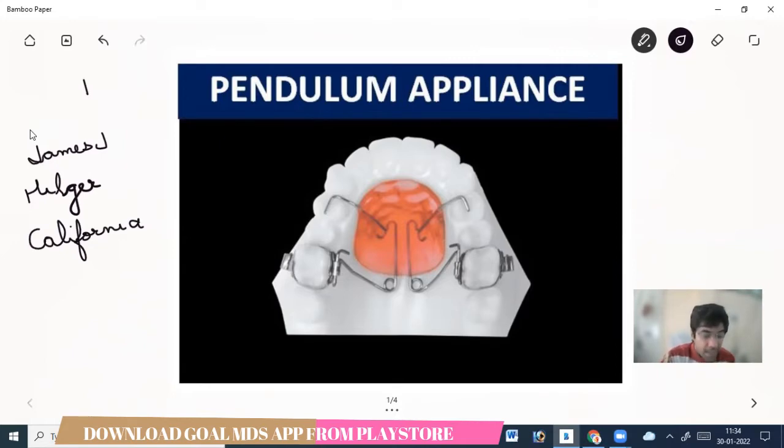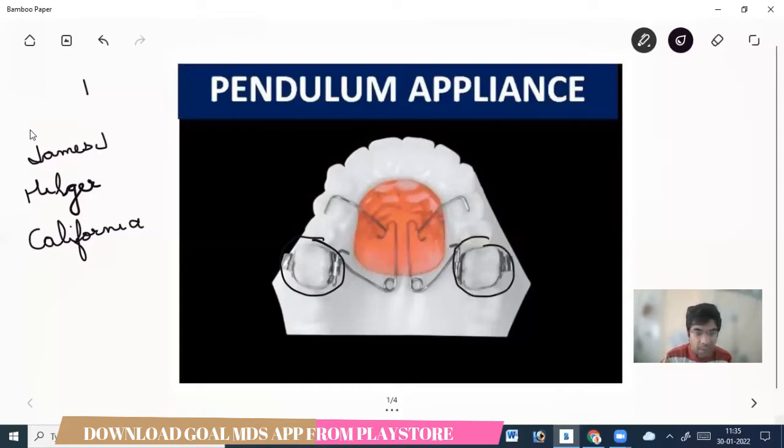Well, what it does is it uses force to distalize the upper first molar to create space for eruption of the third molar, for correction of the class 2 malocclusion.